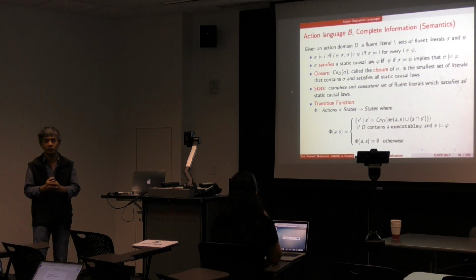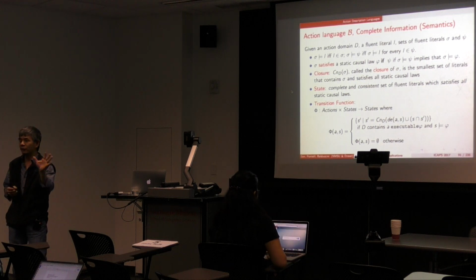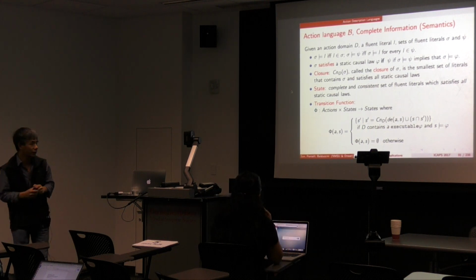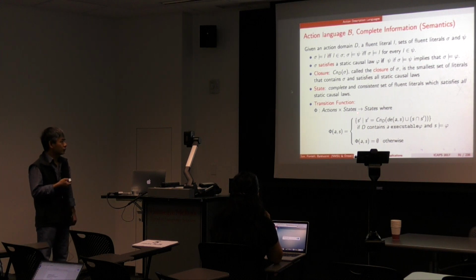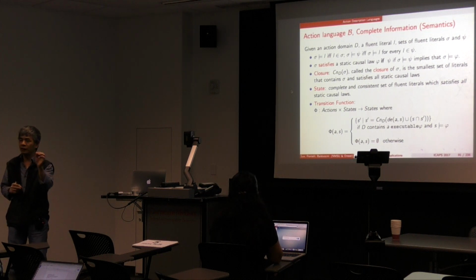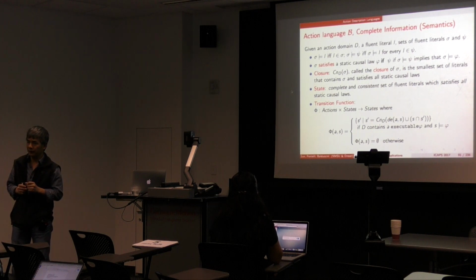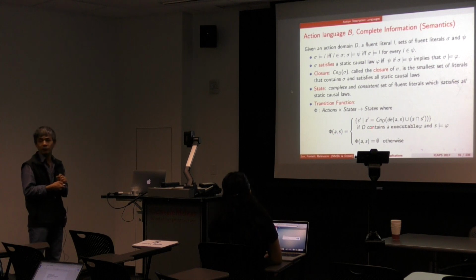a smaller set of literals that contains this set and satisfies all the static causal laws. What does it mean to be satisfied? It means that whenever the list of preconditions of a static law is satisfied, then the consequence must be in there. And so the transition function is defined. With static causal laws, the transition function could be non-deterministic, so from one state you might go to different states.